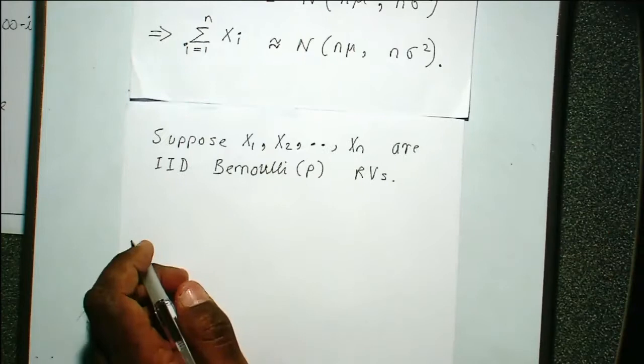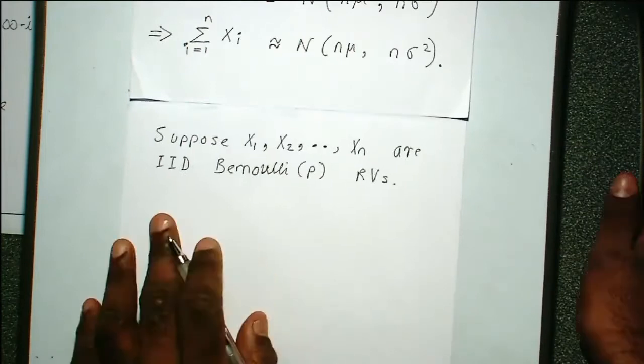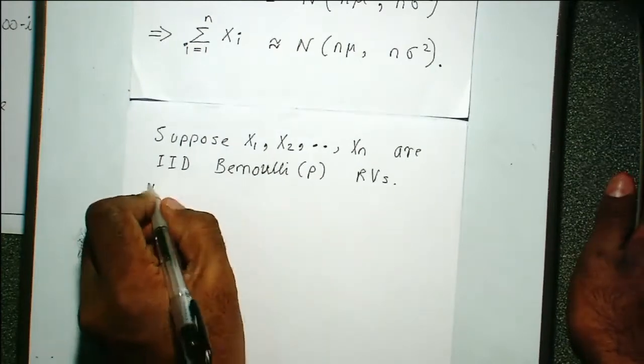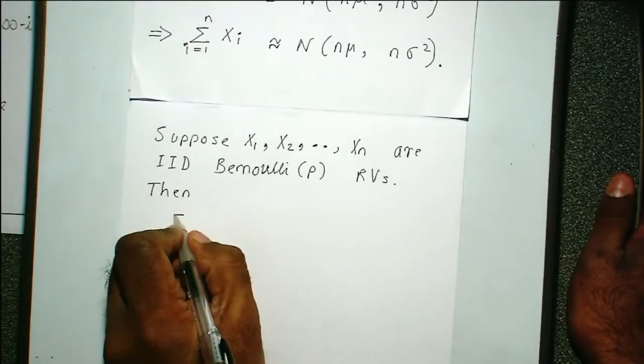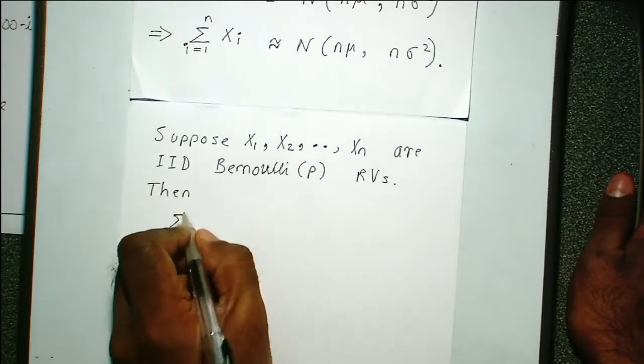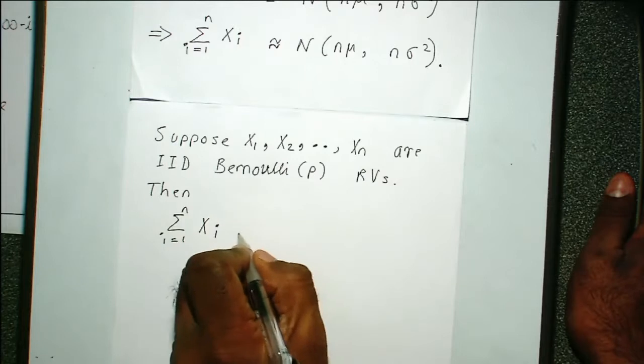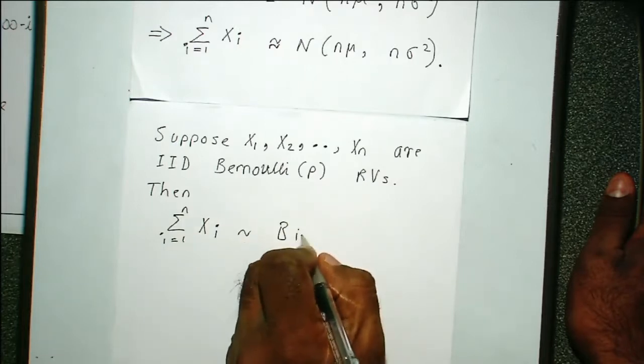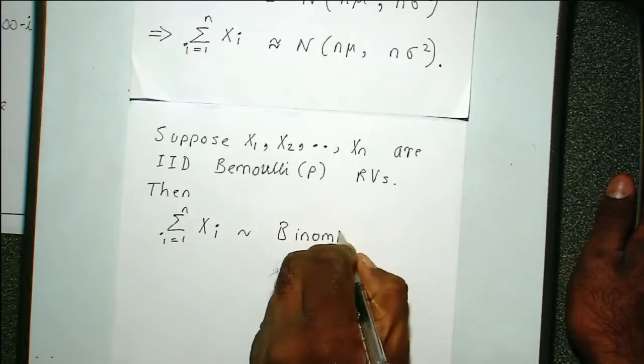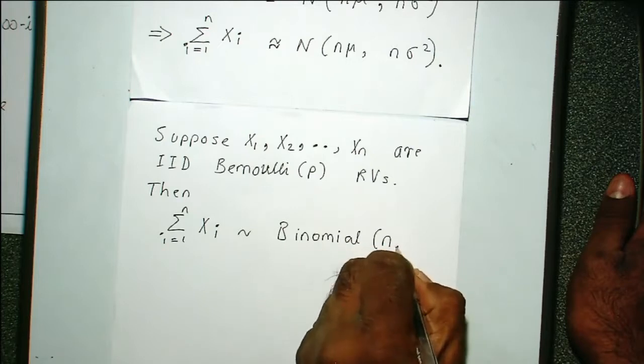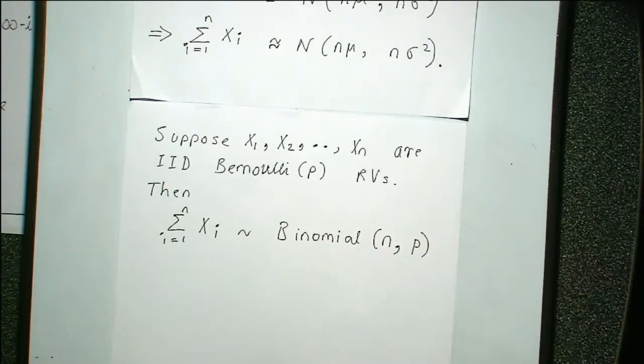I'm not trying to patronize, but if you look back, you will see. Then the sum of xi's has a binomial distribution. This is a fact. If you look at the handout I gave you the first day, which is the collection of distributions, I'm sure the handout contains this formula, right?